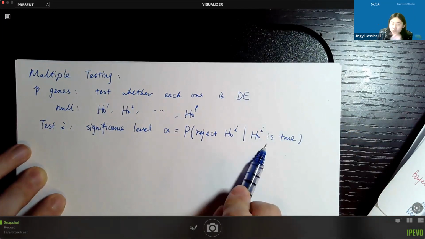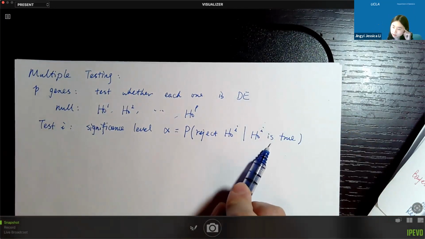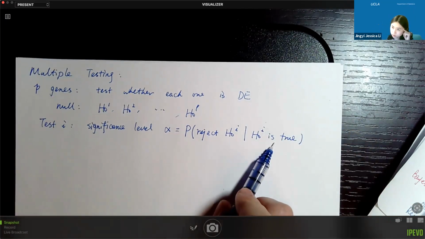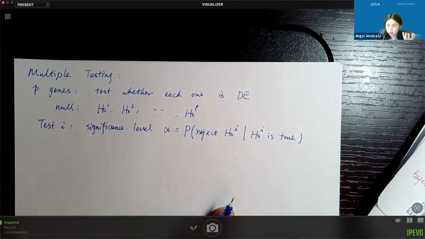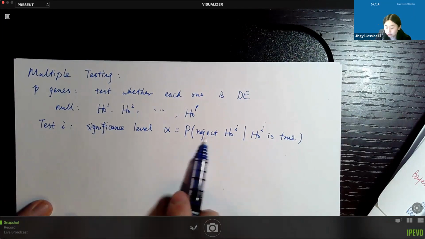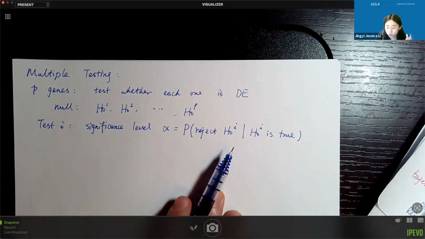Although this null hypothesis being true or not is not something we can observe, the significance level is something we target in our mind. We want to control this level to be small, so we do not make too many false rejections.